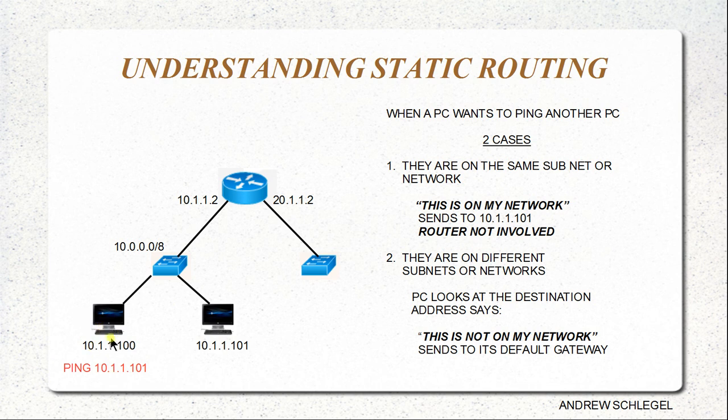So I'm on this computer, and I go into the command line, and I say ping 10.1.1.101. So that's this computer here, and they're both on the 10 network, right? So if they're on the same network, then the router is not involved.